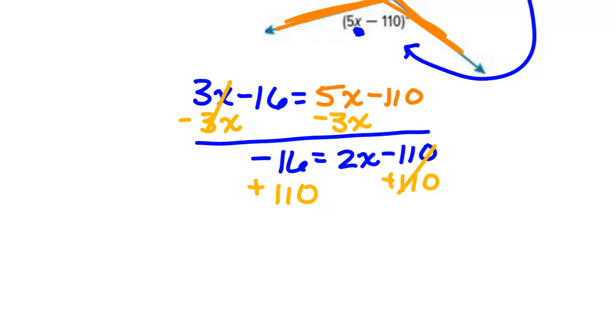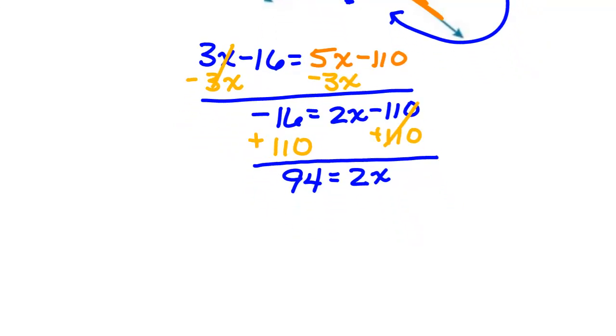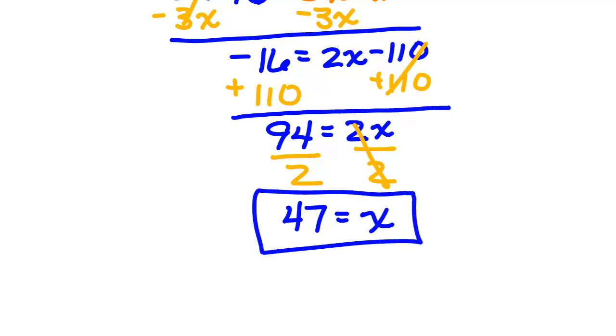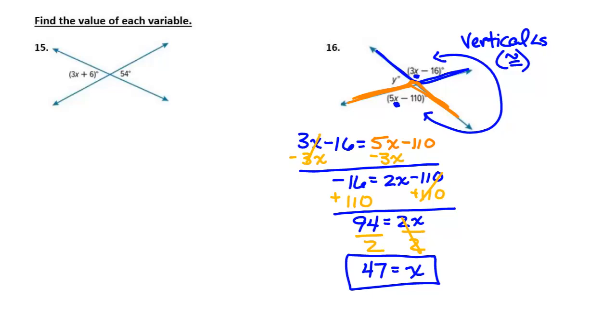What is negative 16 plus 110? It is 94. It's positive because the 110 is bigger than the 16. Then we divide both sides by 2. We should get 47. All right, so that found us x.